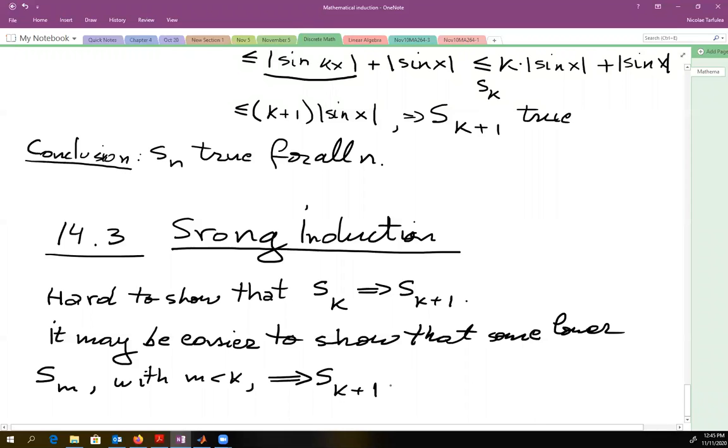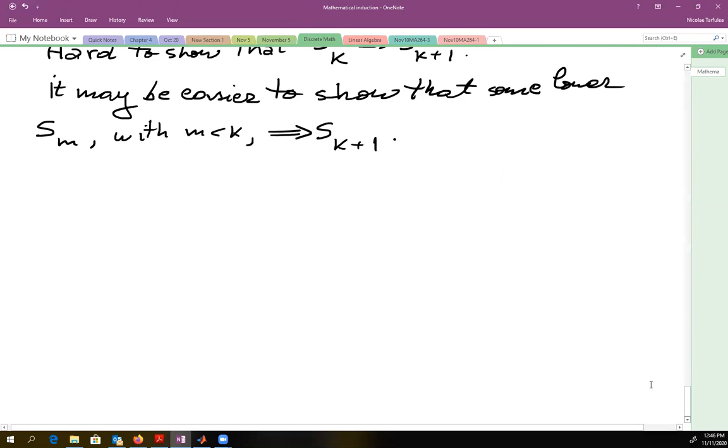For such situations, there is a slight variant of mathematical induction. That slight variant is called strong induction. So let me tell you about the proof by strong induction.